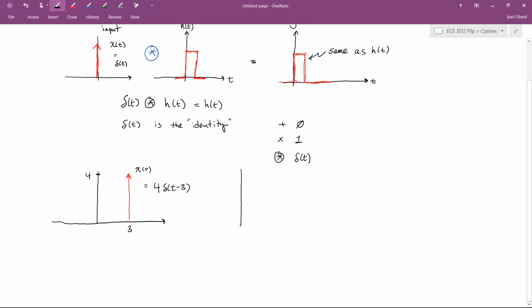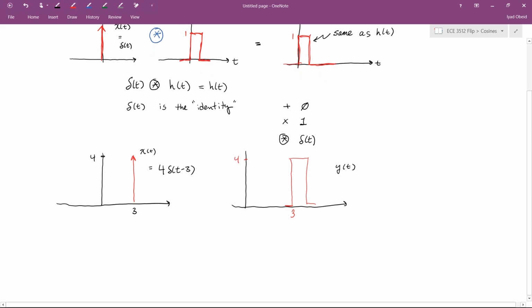It's a pretty safe bet that my system output is going to be my very same impulse response, but shifted to the right by 3 units and 4 times bigger than it was before. I guess I never really defined how big this was before. There we go. Okay. So in this case, this is my expected output y of t.